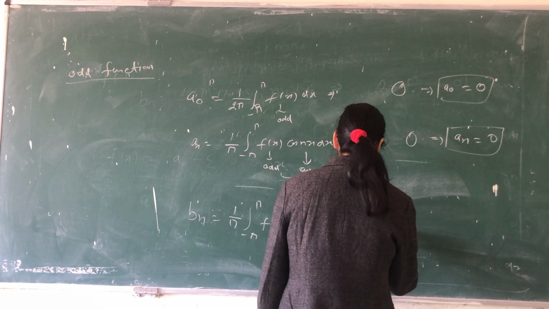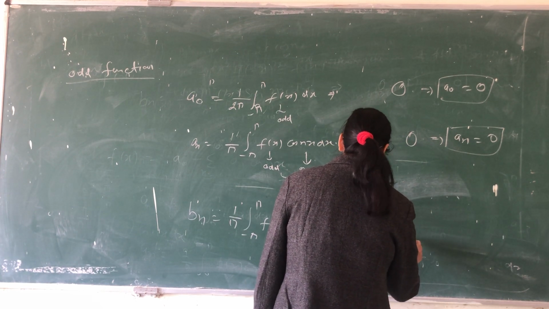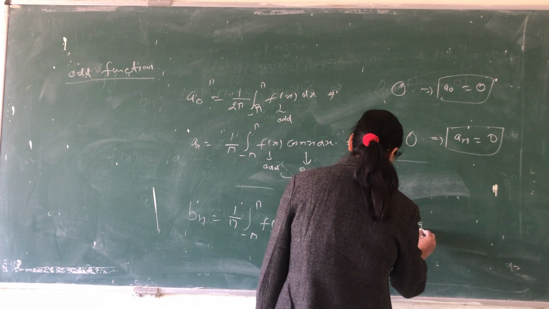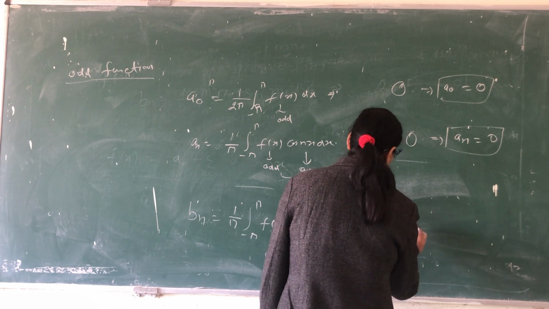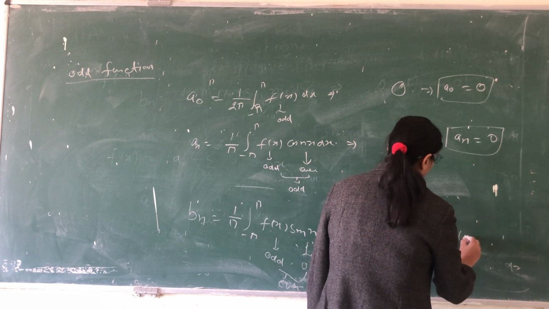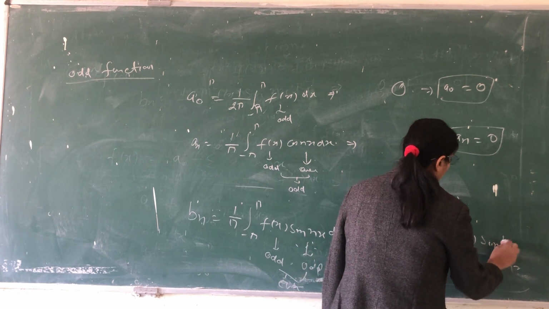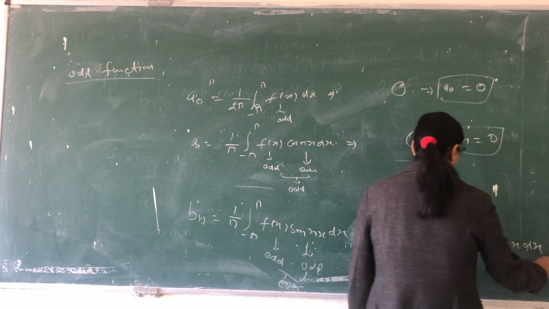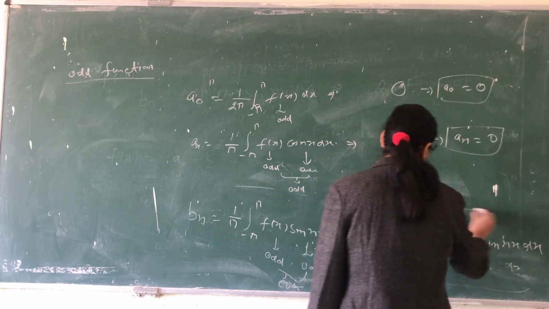So the integration becomes twice, and we can directly write it as 2 upon pi integral 0 to pi f of x sin of nx dx. This is your bn.